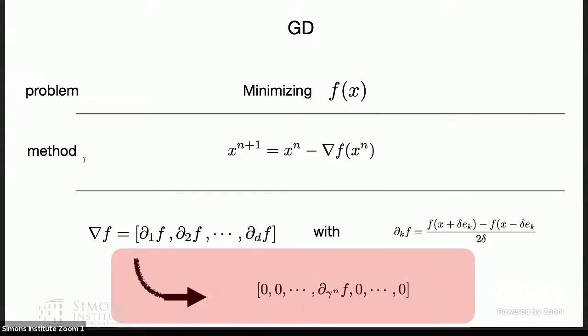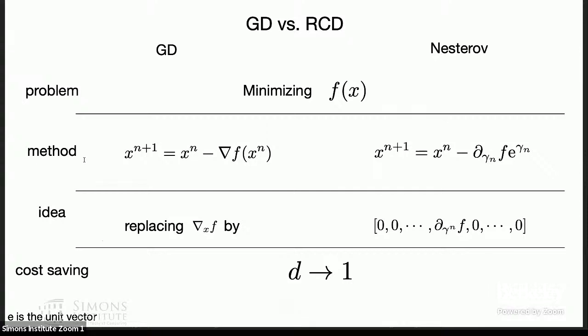So random coordinate descent simply says, how about in each iteration, I look at my d coordinates, and I just select one and update only that one. I keep everybody else untouched. So I only compute one partial derivative and set the other partial derivatives to be 0. Of course, immediately you'll see that the cost per iteration is reduced from d dimensions to 1 dimension, so per iteration, the cost is reduced by d already.